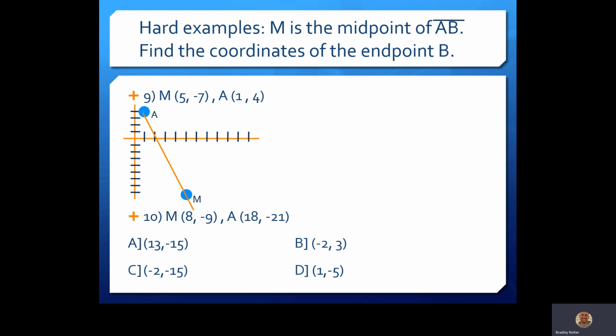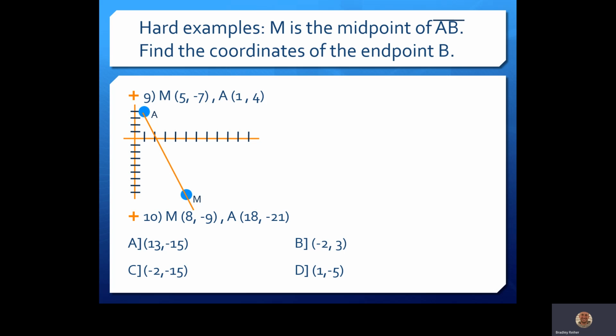That's in quadrant 1. So that segment is going to extend through the midpoint down to point B. So point B lives further down and to the right in quadrant 4. We know it's in quadrant 4, but we don't know its coordinates. And that's what we need to find.